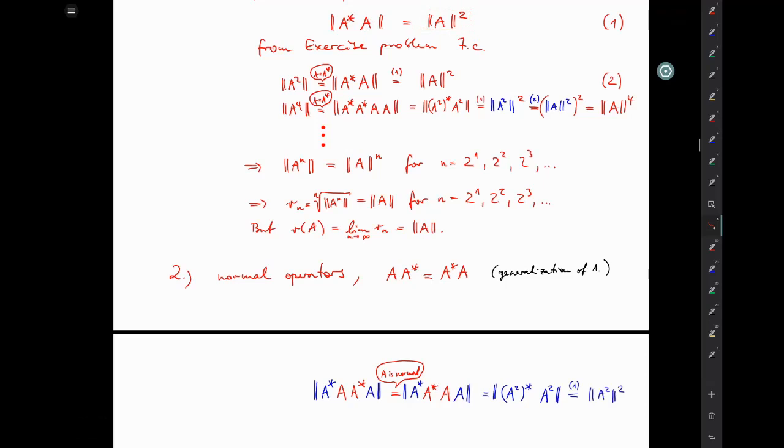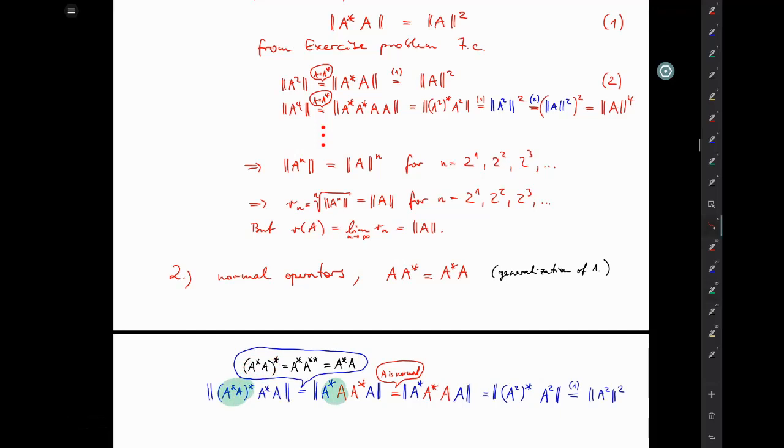Now let's walk from the middle towards the left, and let's see what we can do with this expression here. For this argument, we're going to use that (a star a) star is just a star and then a star star. So you take the adjoints and reverse the order, but a star star is just a. So in place of a star a, which is here, we can just write (a star a) star. So we replaced this here by this.